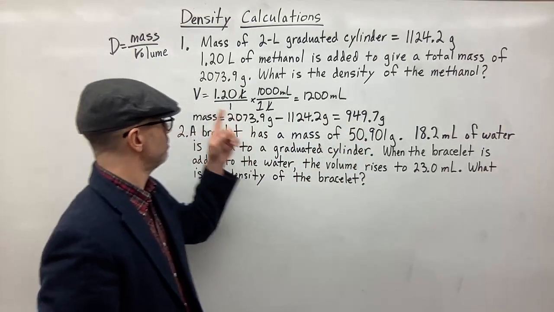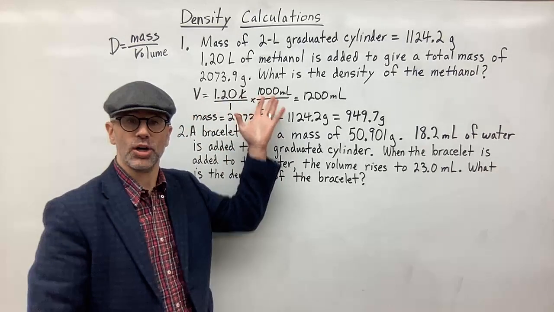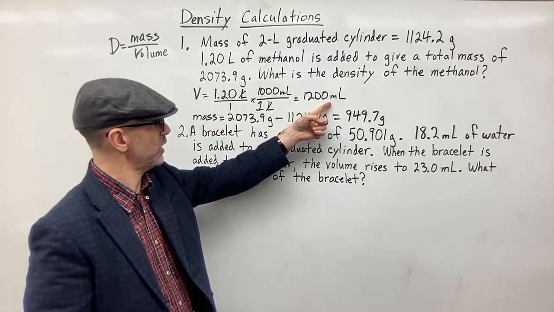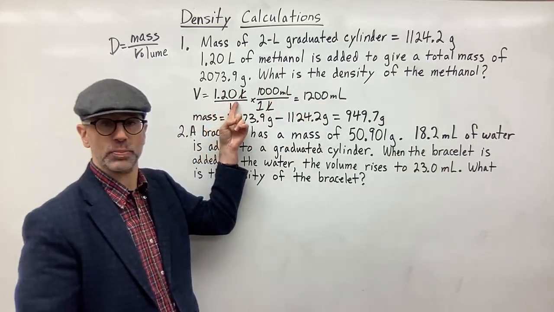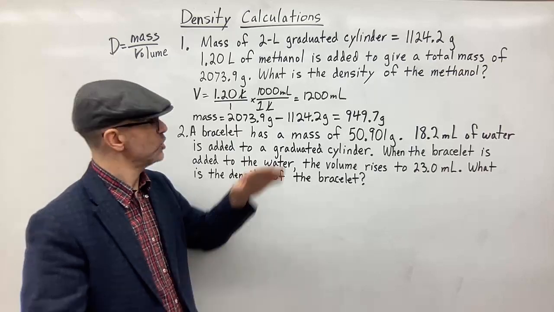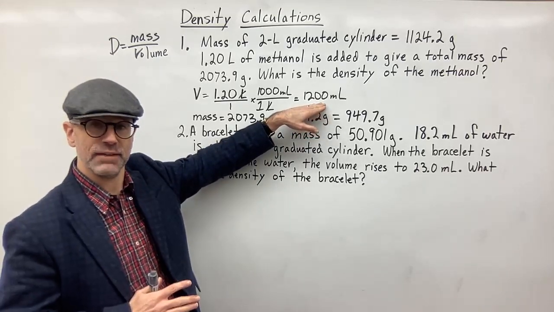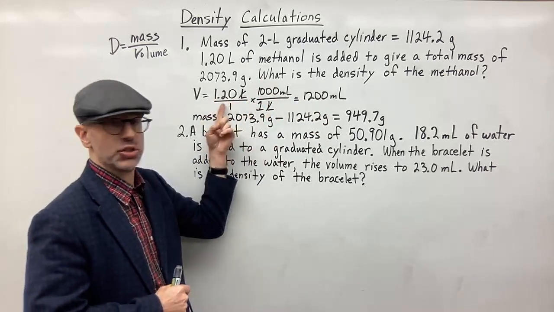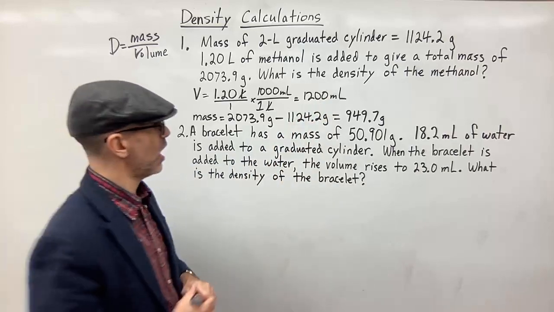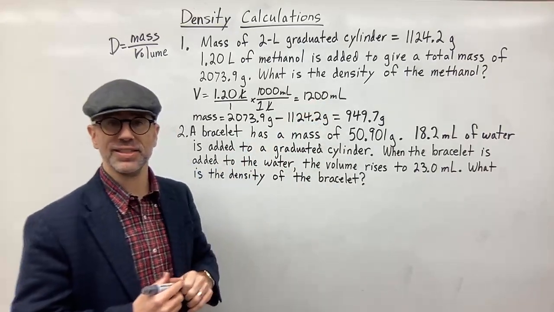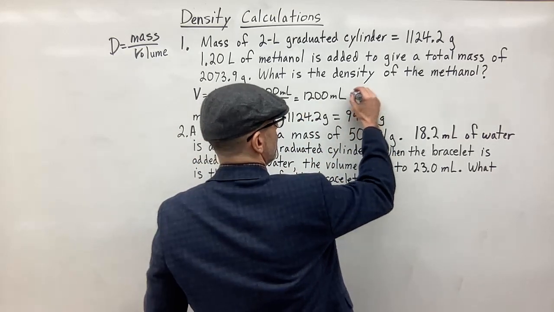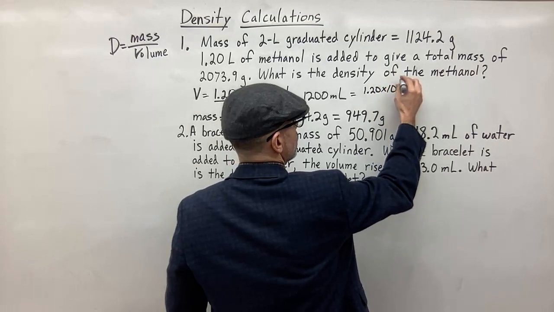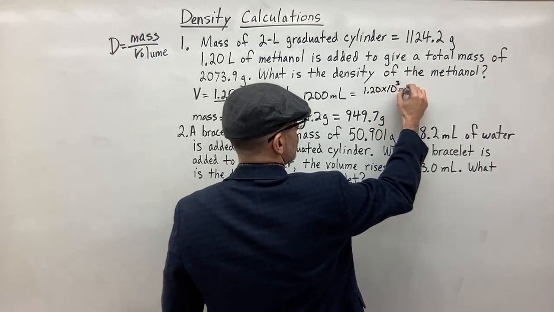Now we have to remember our digits here. When I converted the volume to milliliters, that's multiplication, so it's the number of sig figs. My answer should have the same number of sig figs as the least number of sig figs here. This is exact, and this is 3, so this should have 3 sig figs. The only way I can represent this as 3 sig figs is to write it in scientific notation. So this is equal to 1.20 times 10 to the third milliliters.